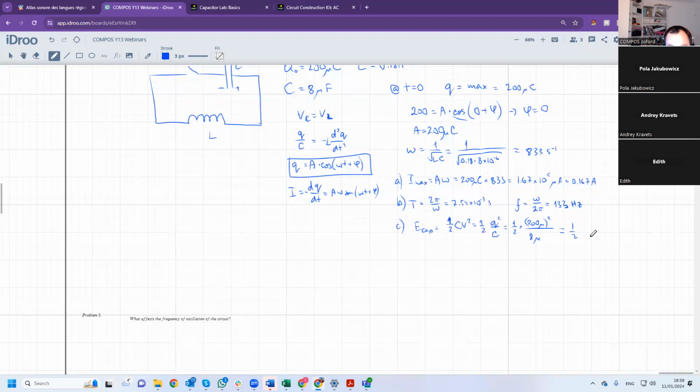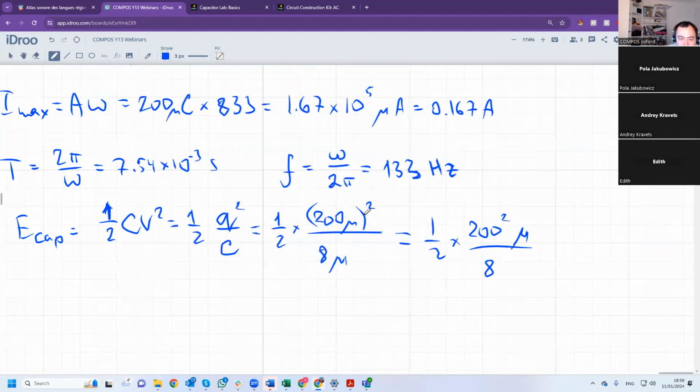So it's 1/2 multiplied by 200 squared times micro divided by 8. So 200 squared divided by 16. You can notice that I'm using micro as an object, instead of 10 to the minus 6.